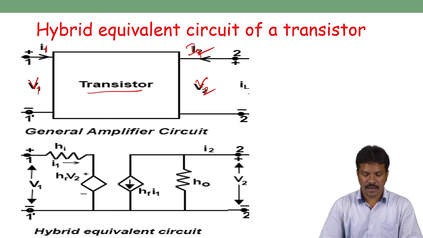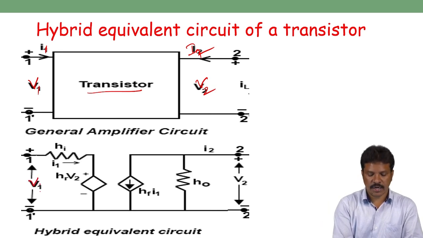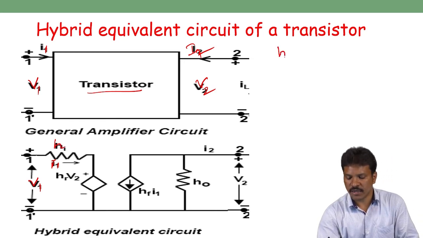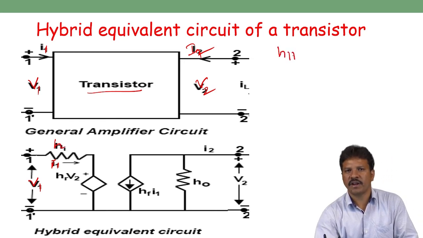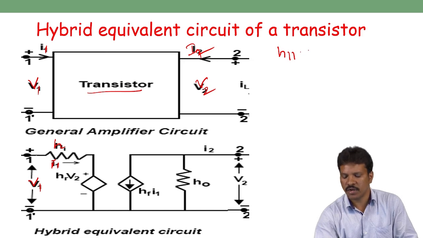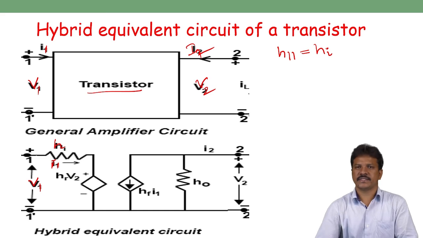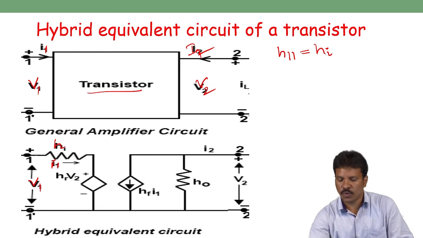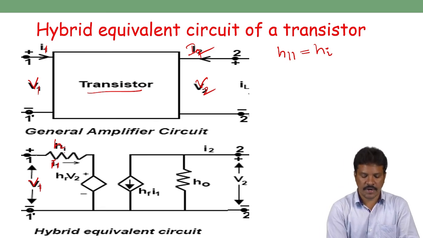The voltage at the input side is V1 and the current at the input side is I1. The general parameter for the input side, H11, is the input impedance, so H11 is renamed Hi.